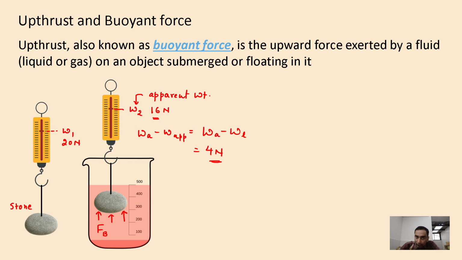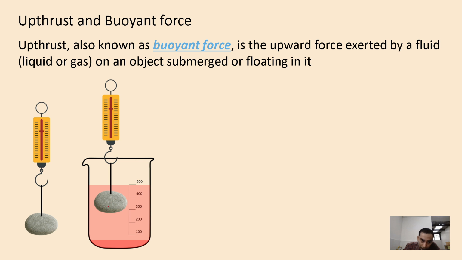Now there are three factors which are responsible for the change in the value of upthrust. By the way, I would also like to share one thing with you all, that suppose the upthrust is to be shown in the diagram, then it is this point. This point is the center of the submerged part of the body.